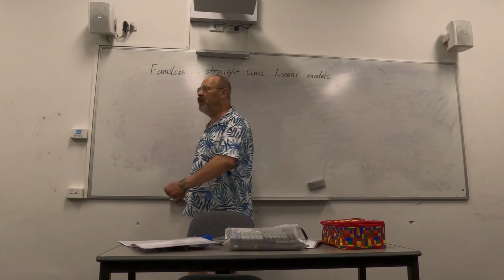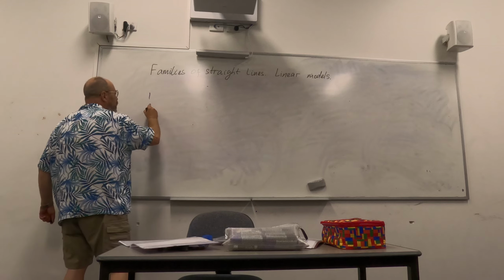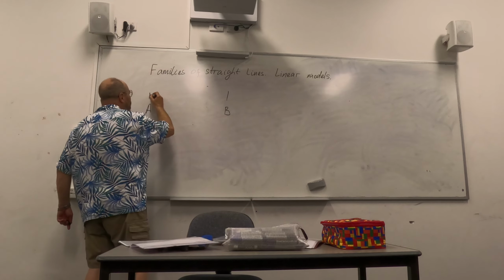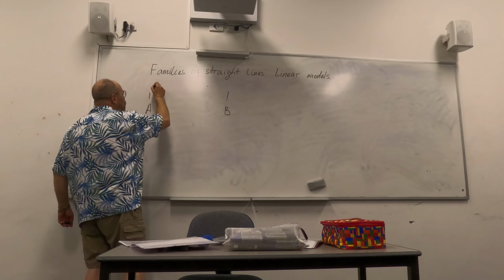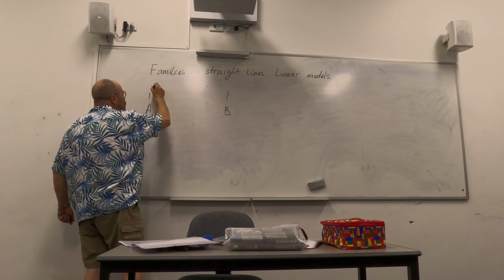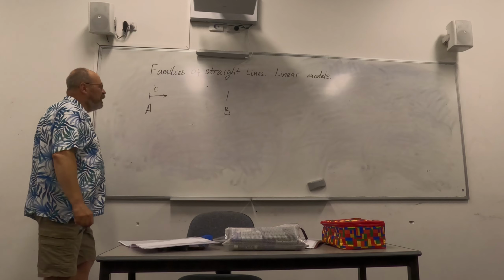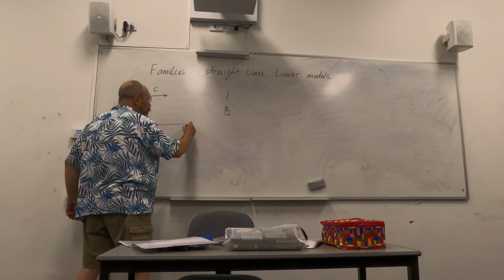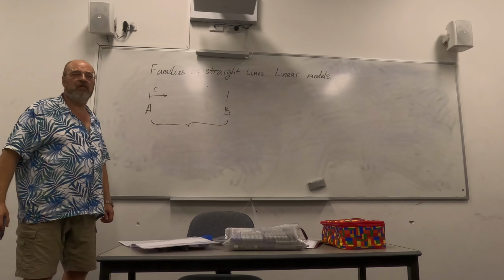Let's say we have two towns, A and B, and we have a car and a bus. The distance between A and B will be 300 kilometers.